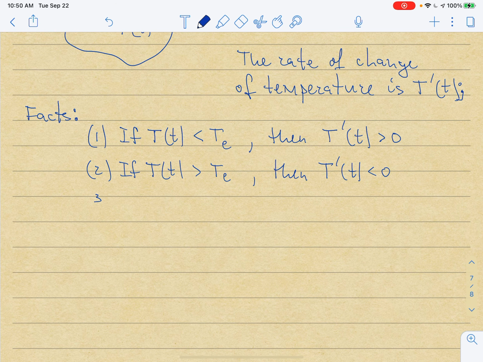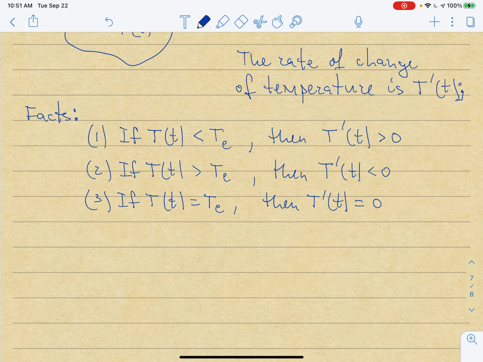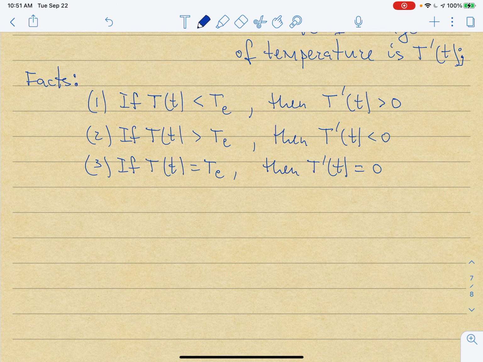And finally, if T of t is equal to TE, if there is a temperature equilibrium between the body and the environment and there is no heat exchange, so then T prime of t is equal to 0.